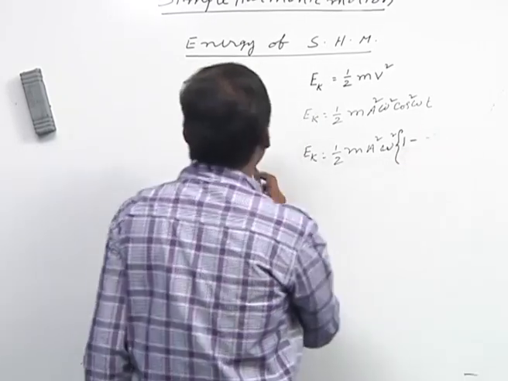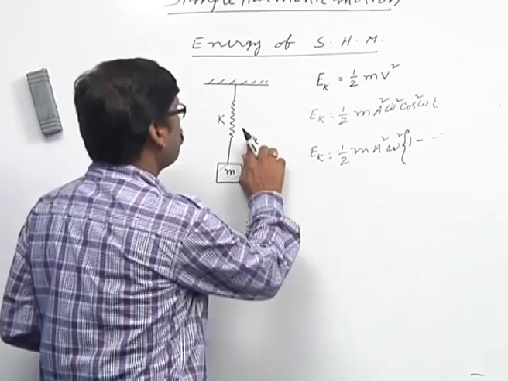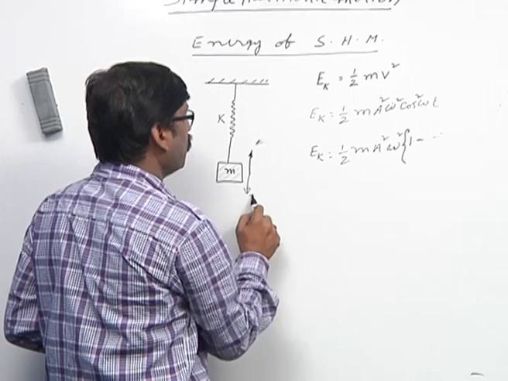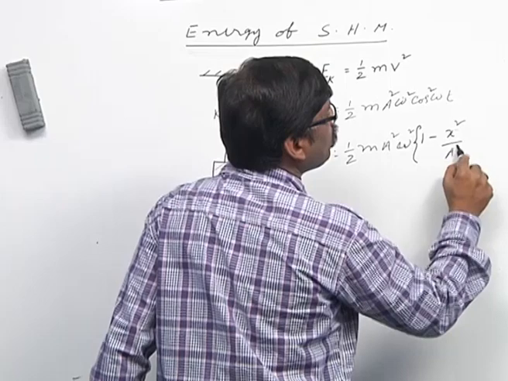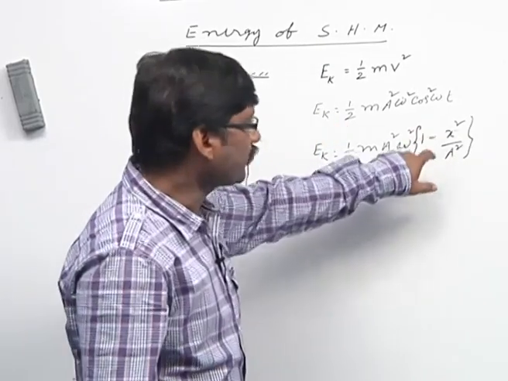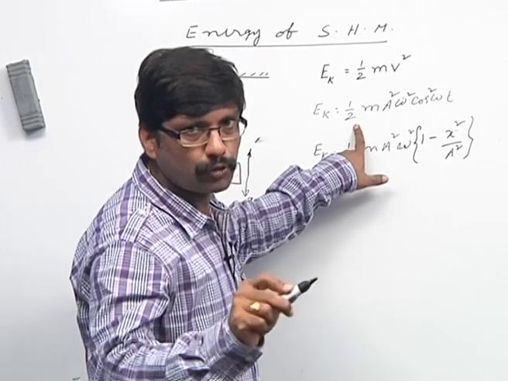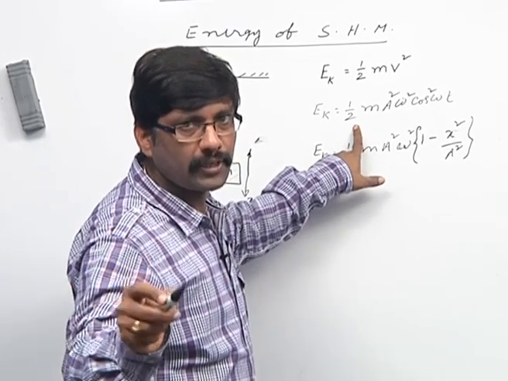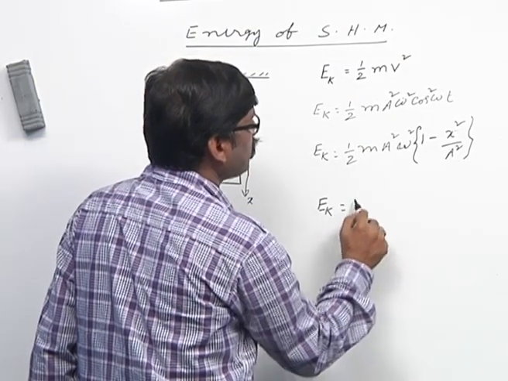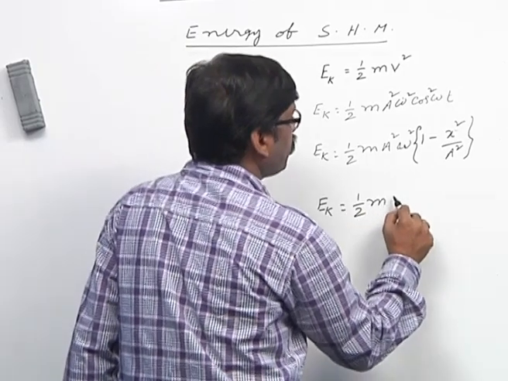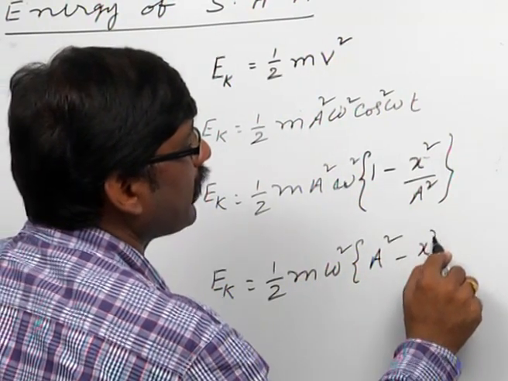Let us call the displacement x, so it is 1 minus x square by a square. You may ask, how do you get this? X is equal to a sin omega t, so sin omega t is x by a. If I simplify this, I will get the kinetic energy as half m omega square times a square minus x square.